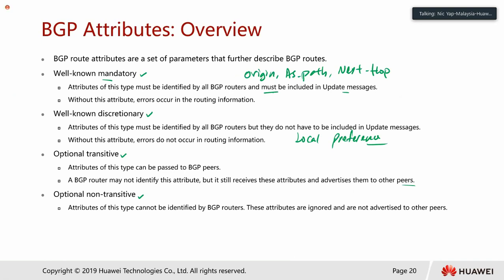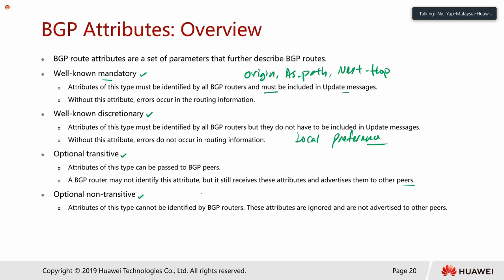You can transit this information to the next peers. And this attribute is not only given to you. It can be passed multiple hops away. You just have to send this out to the next peers, so it can keep on being sent multiple hops away. That is called optional transitive.